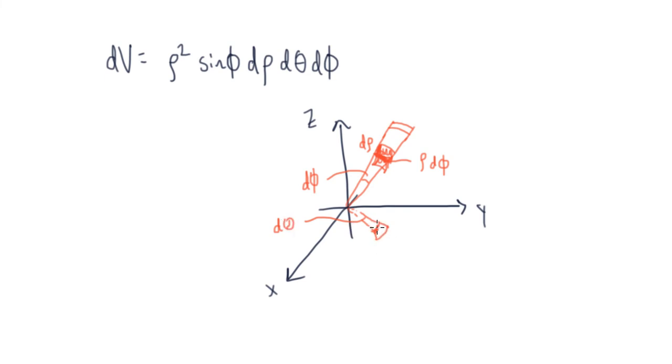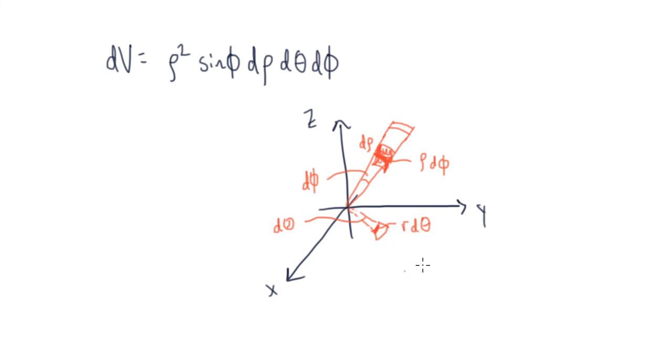So this last dimension here, projected down, really is the same r d theta. So the dimensions of this rectangular region described in spherical coordinates are d rho, that's the change away from the origin. Then there's rho d phi, that's the change in phi, and again I just need to multiply by rho to account for how far away I am from the origin. And then r d theta.